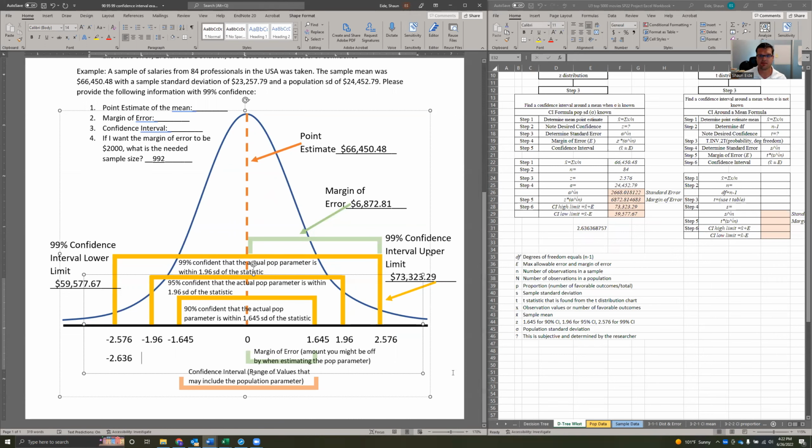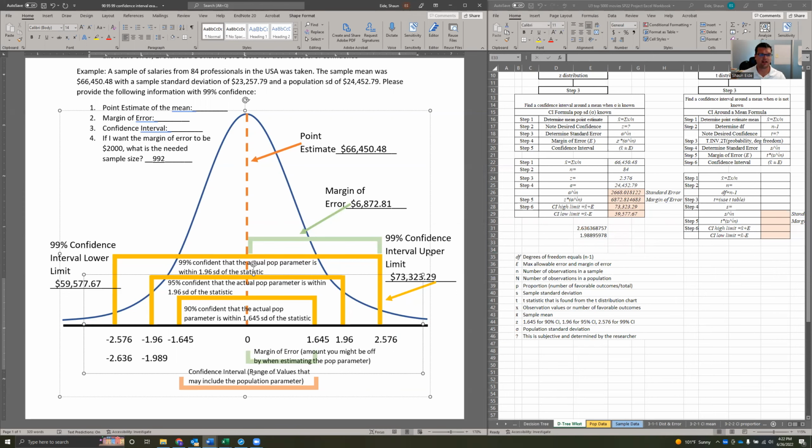Okay, next, we're going to do the same thing. Equals T.INV.2T, and we're going to do 0.05, and the degrees of freedom is going to be 83 again. And so it's going to be negative 1.989.